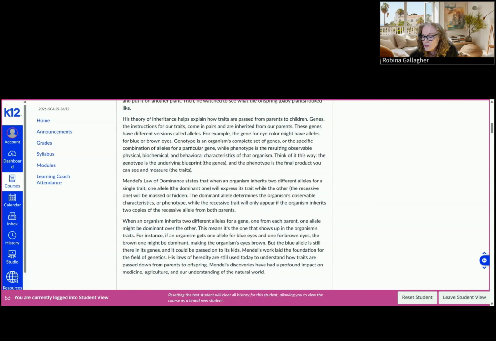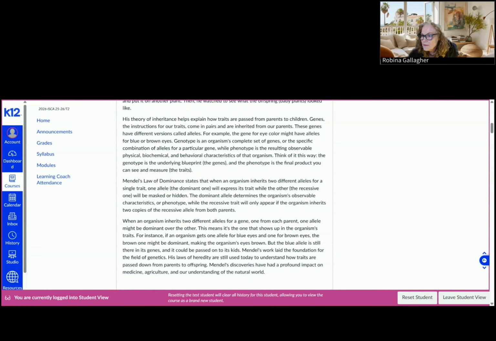Genes, the instructions of our traits, come in pairs and are inherited from our parents. These genes have different versions called alleles. For example, the gene for eye color might have alleles for blue or brown eyes.